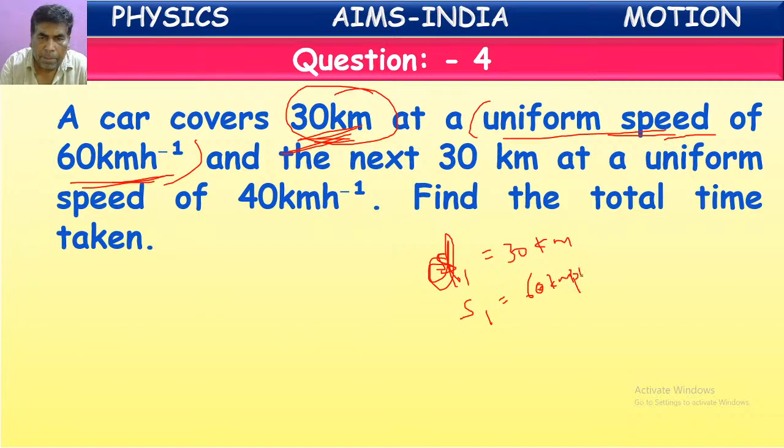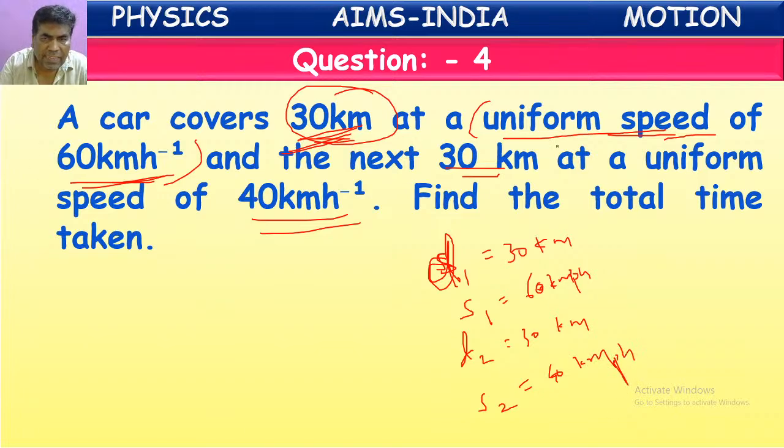Next 30 kilometer means second distance D2 is 30 kilometer. What is second speed? S2, how much? 40 kilometer per hour, 40 kmph. Now what are they asking?